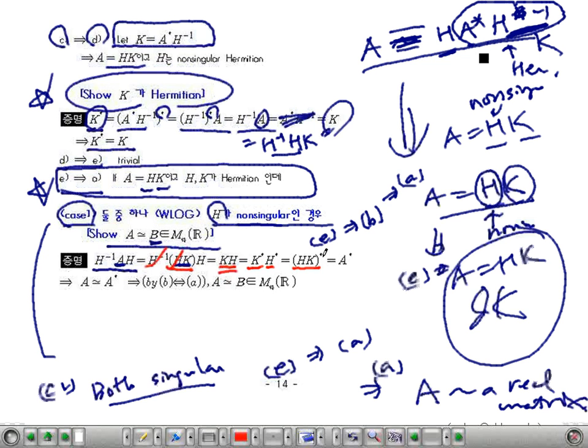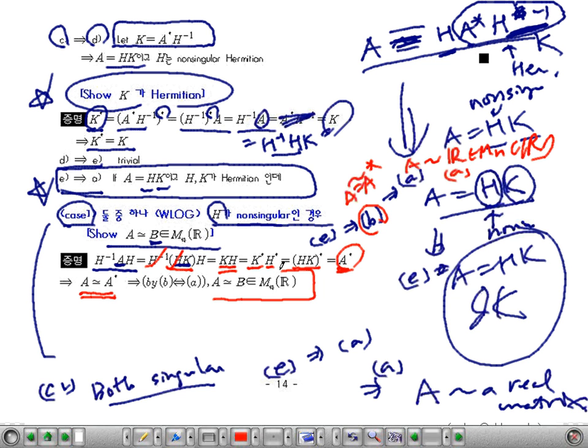So we can write it as H star K star, the conjugate transpose of HK. But HK was A, so it's A star. What that means is A is similar to A star, which was part B. Then we know A is similar to a real matrix B. It is part A. It's done, so that case is done without any problem.